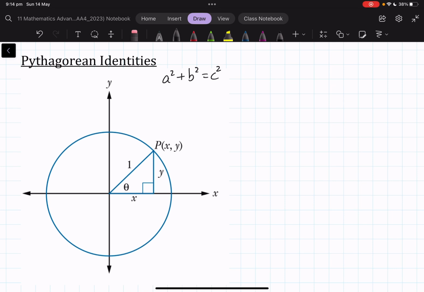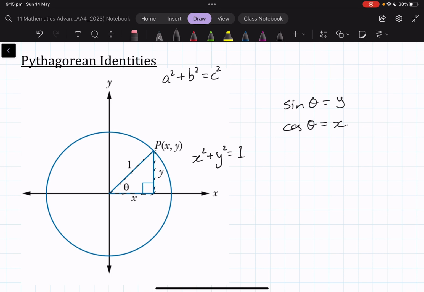Now, if we look at this triangle here, we've got a right angle triangle tracing around here. We've got x, y, and 1, which gives us x squared plus y squared is equal to 1. But then the other thing we know is that sine theta is equal to y and cos theta is equal to x.